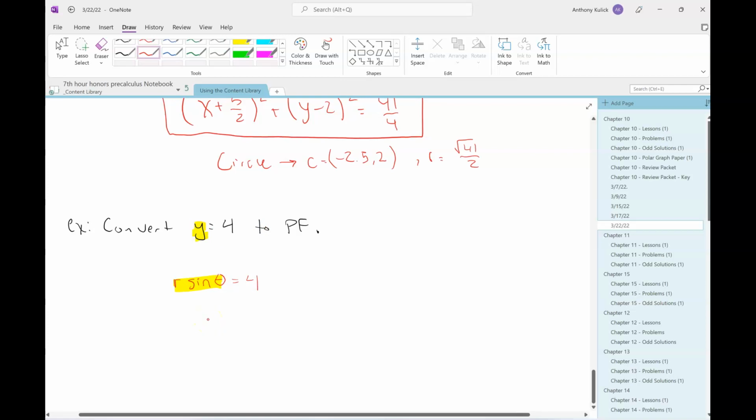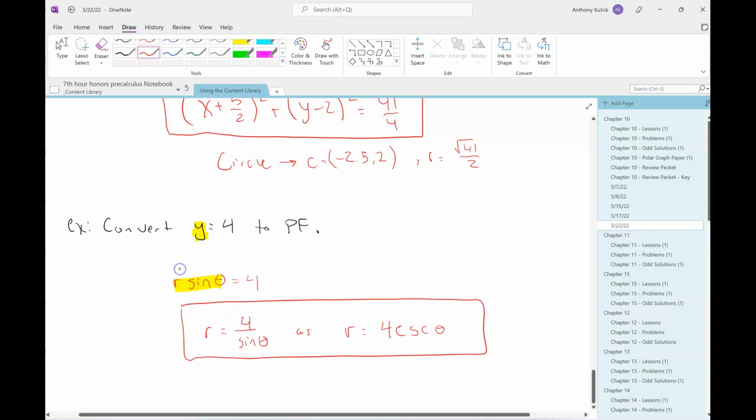And typically we write polar equations with r as the dependent variable, i.e. all by itself. So we can just divide both sides by sine theta. Or if you wanted to, instead of 4 over sine, you could write it as 4 cosecant. Either is fine. It's not a big deal.